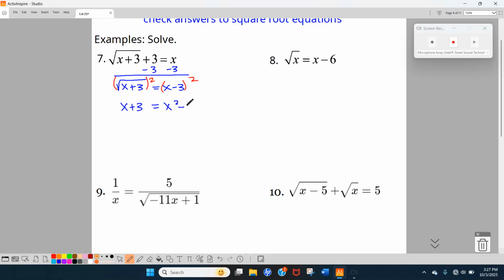It should be x squared minus 3x, so minus 6x, and then plus 9. All right, so then we're going to get everything on the same side. And then it's a quadratic, so we're going to hope that it will factor. I believe it will. x minus 1, x minus 6.